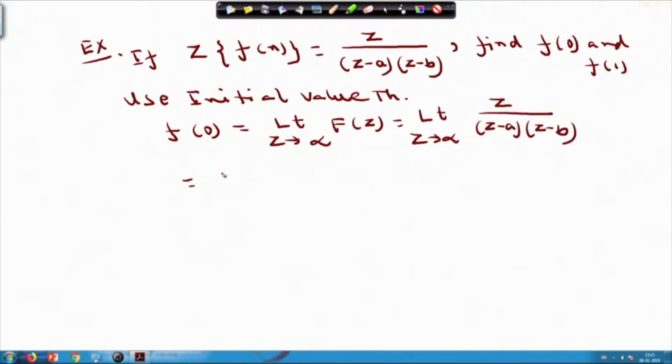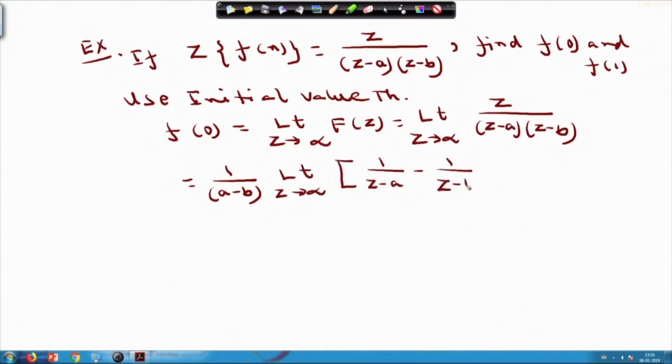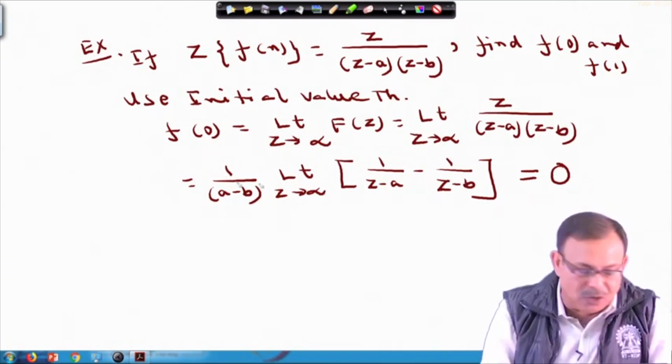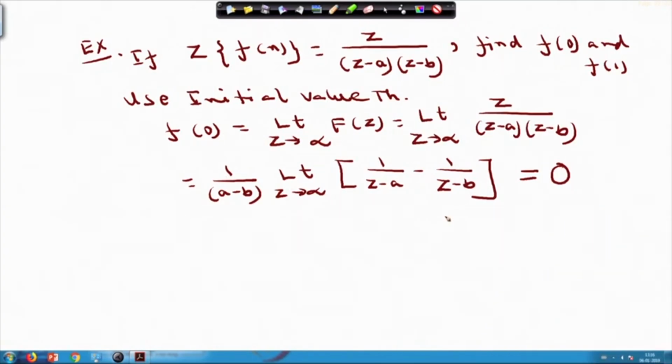If you break it, you will obtain 1 by (a minus b) into limit z approaches infinity of [1 by (z minus a) minus 1 by (z minus b)]. Both the limits will be 0. Limit z approaches infinity 1 by (z minus a) will approach 0, and limit z approaches infinity 1 by (z minus b) will also approach 0. So, the value is 0. Therefore, simply using the initial value theorem, the value of f 0 is 0.